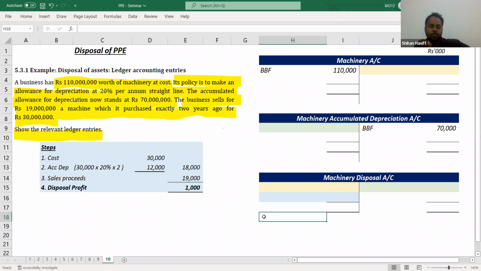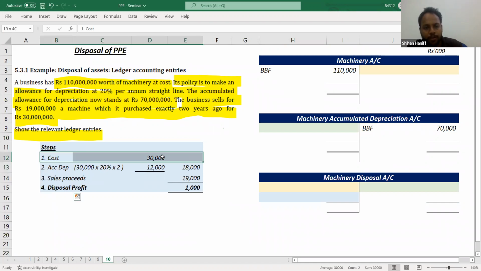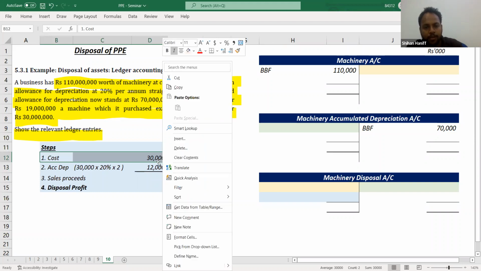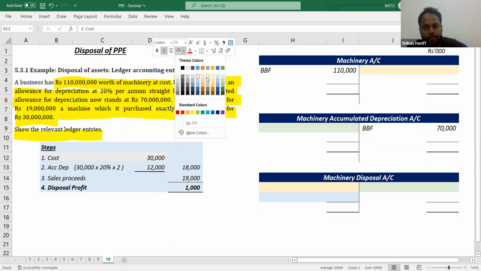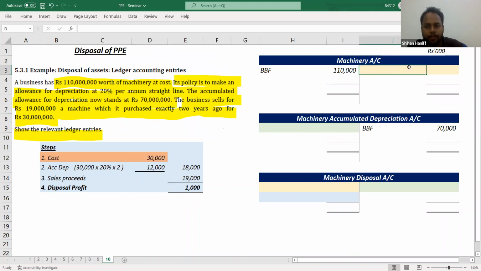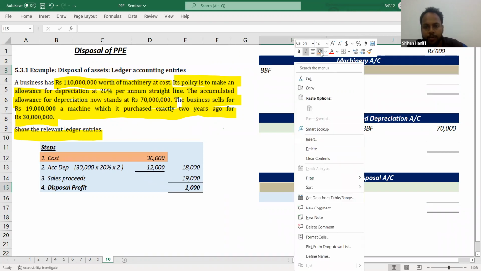Okay. Now I will explain the double entries for the disposal. These 4 steps have double entries. Number 1, we need to transfer the cost. The double entry for this, $30,000, is machinery account credit, disposal account debit.